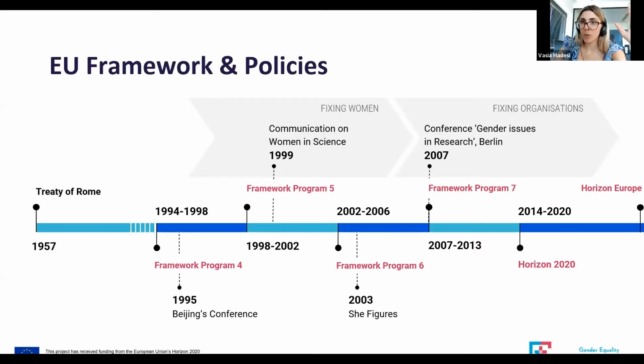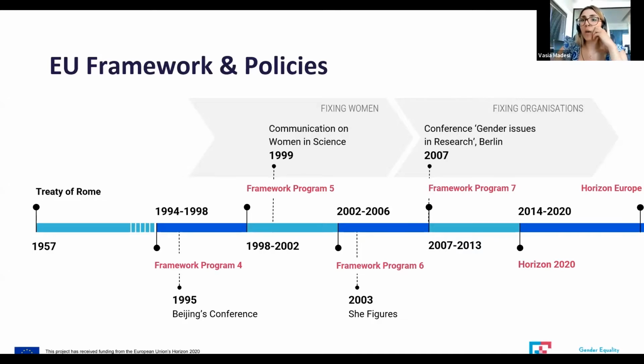Within that framework program of the European Commission, gender equality was considered to be achieved not only via an increased women's participation in scientific research, but also through the integration of gender in research content. And all applicants to the FP6 program were requested to prepare a gender action plan.